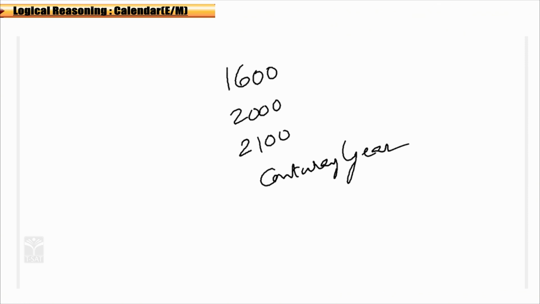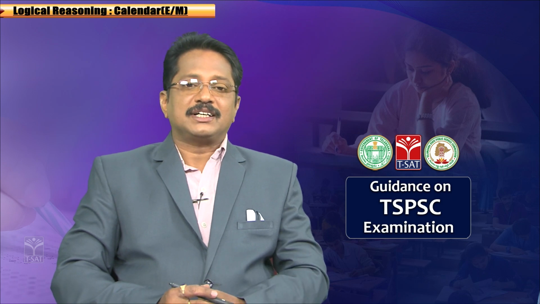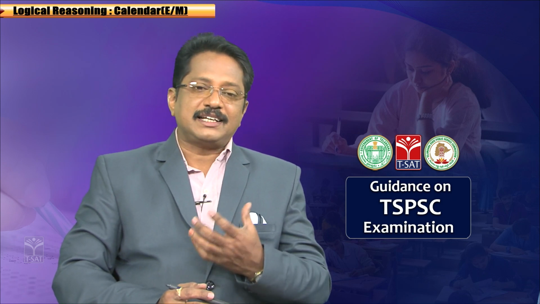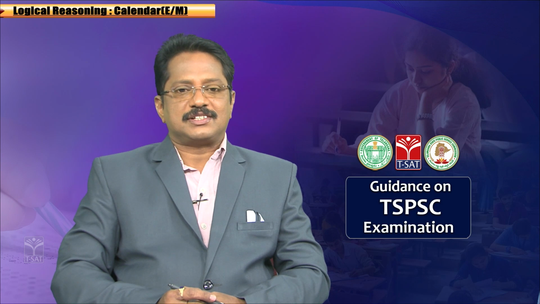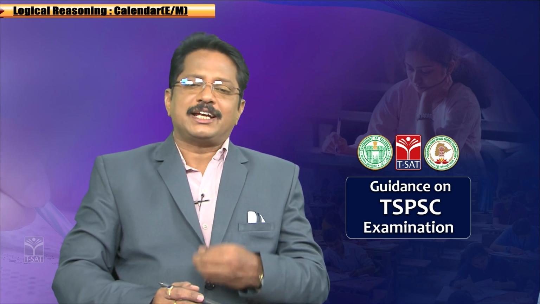When you divide by 4 and the number is divisible by 4, then you can simply say it is a leap year. Very clear. Okay. Now, the importance of the calendar and the properties of the calendar are very interesting. Generally the calendar which is used is the Gregorian calendar. It is a Gregorian calendar.